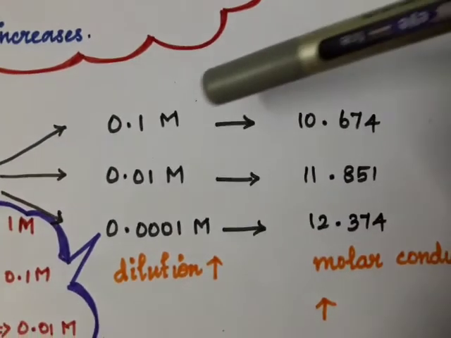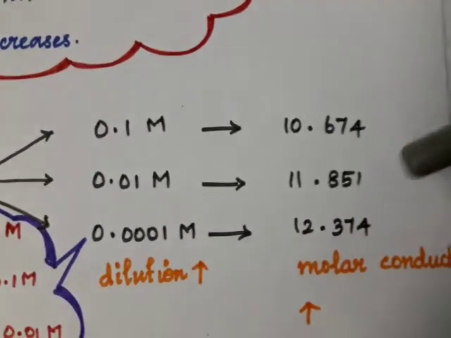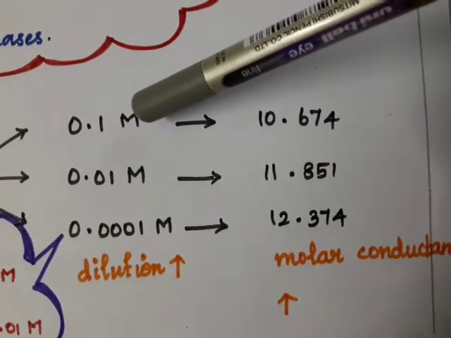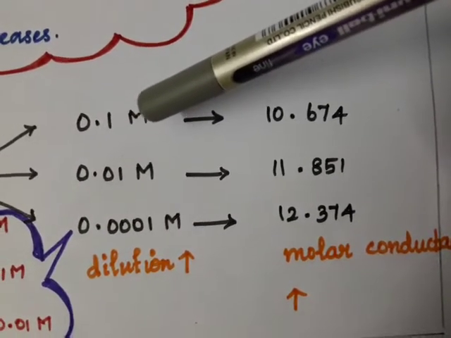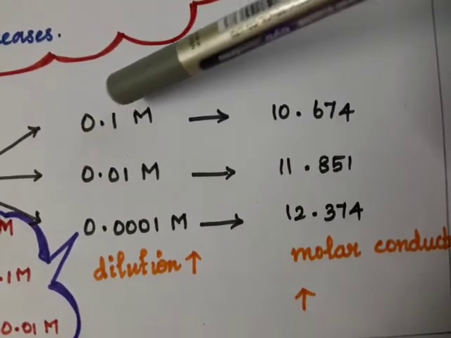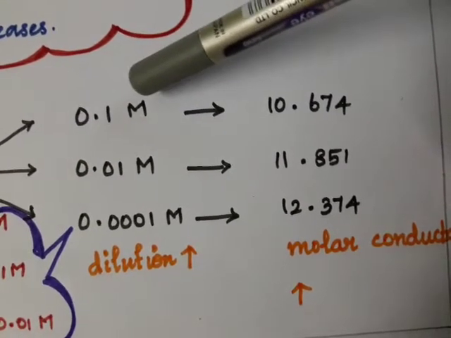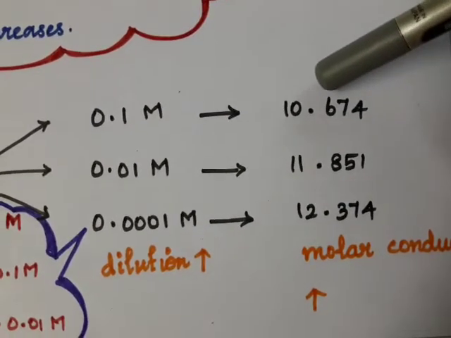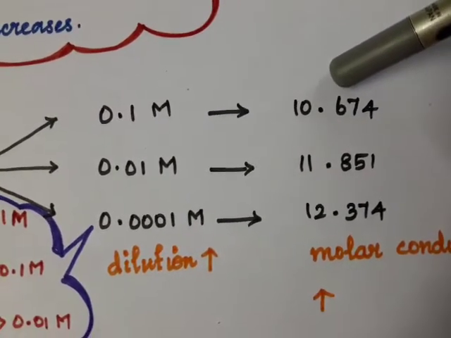So let me see, if the dilution increases, what happens to the molar conductance. If I take a 0.1 M solution of NaCl as an electrolyte, then the molar conductance value will be 10.674, right?